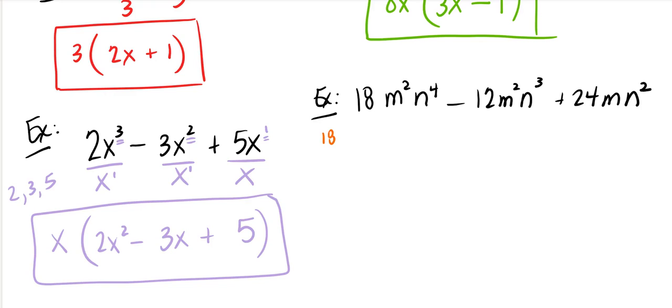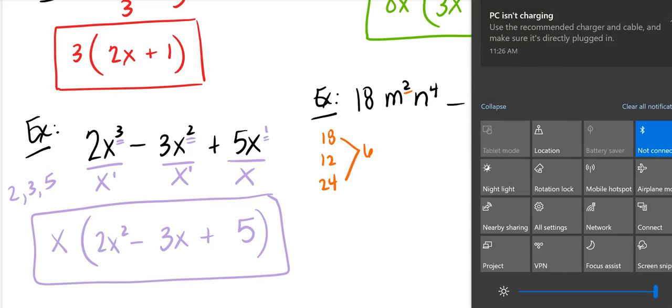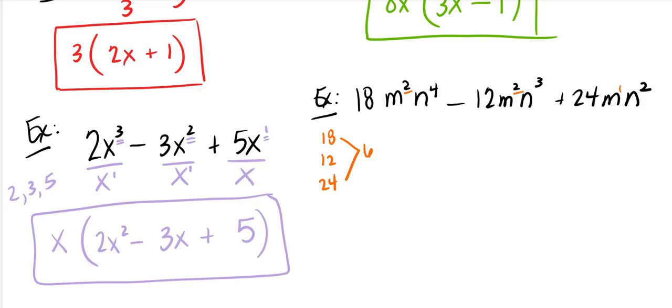And yes, I know a lot of you have already got that figured out. Biggest number that goes into all of them would be 6. M squared, m to the 1. So my GCF, sorry about that, is going to be 6 with an m, into the 4, into the 3, into the 2, n 2.